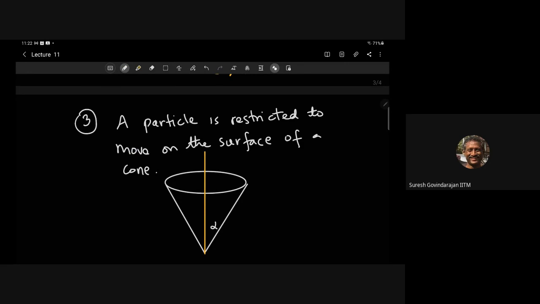So the question to you is, how many degrees of freedom? 2 again, because z can be written as a function of x and y. Very good.